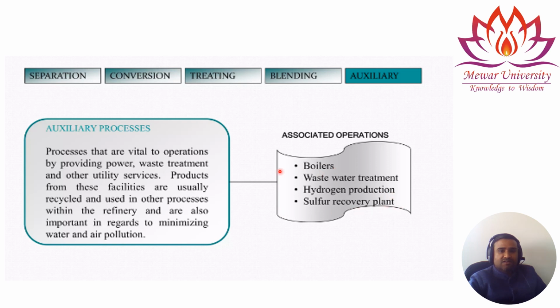Boilers are basically used to separate the water molecules. In wastewater management, if the water contains poisonous elements, it has to be treated, and then the water can be reused, and the waste can be used for agriculture purposes. Then hydrogen production, as some of the waste can produce hydrogen. Then the sulfur recovery plant recovers the sulfur that is dissolved in the refinery waste.